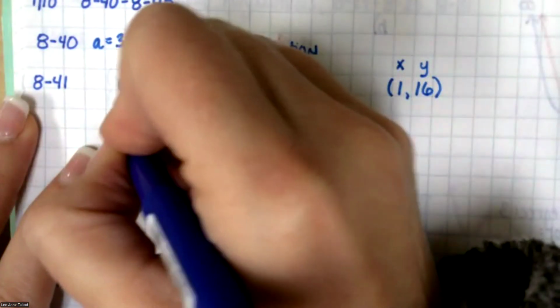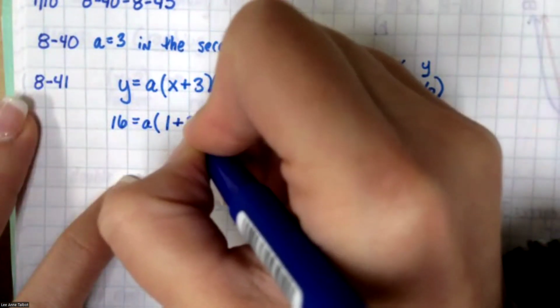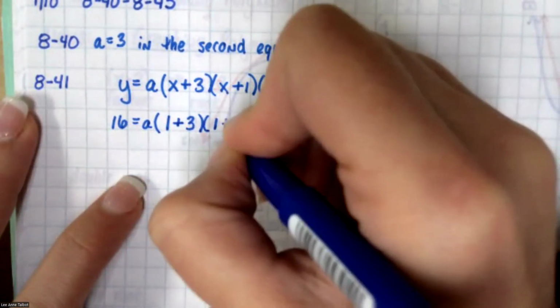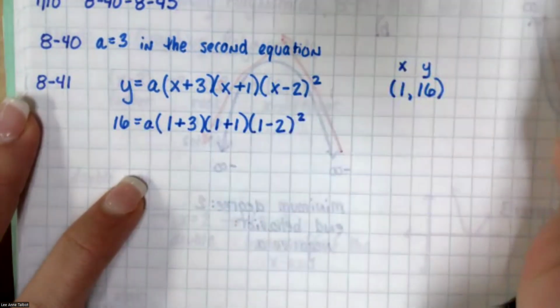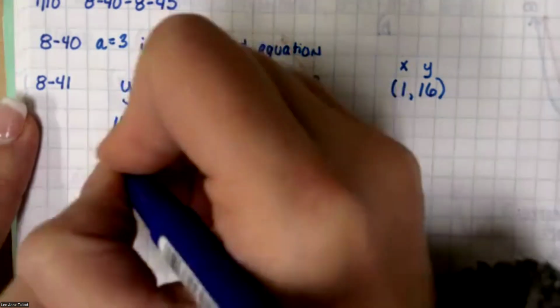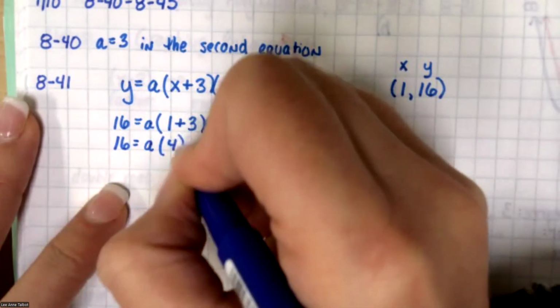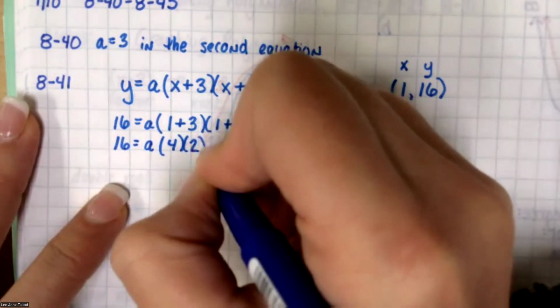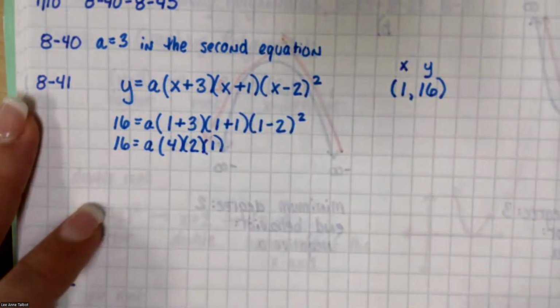Okay, so 16 equals A, 1 plus 3, 1 plus 1, 1 minus 2 squared. 16 equals A, 4 times 2 times 1.